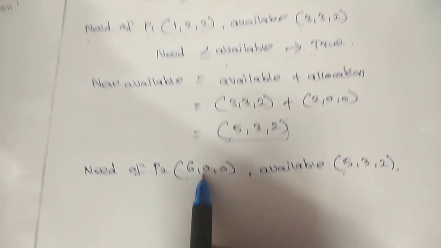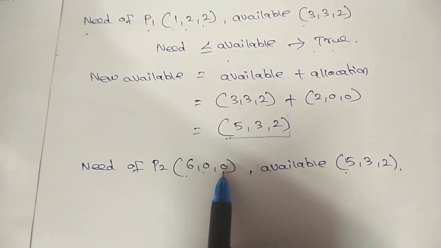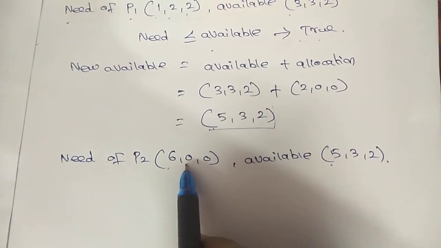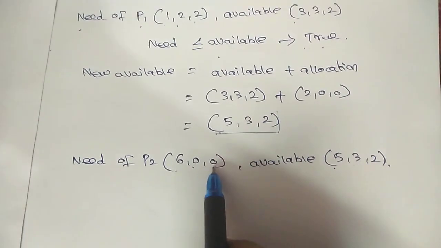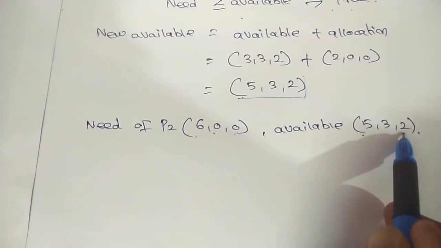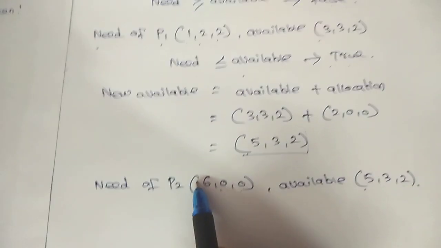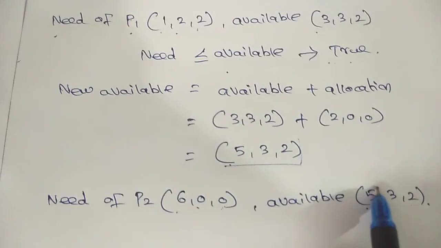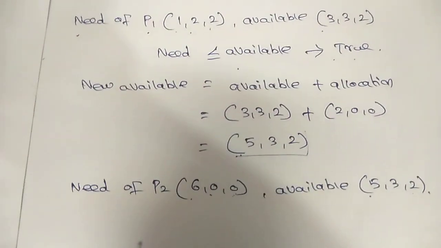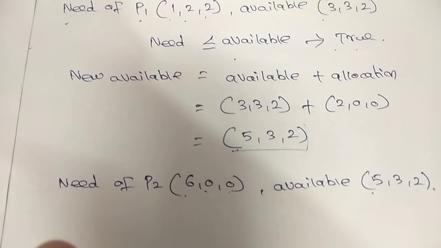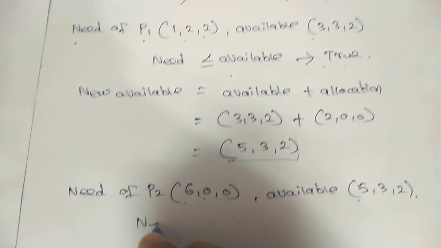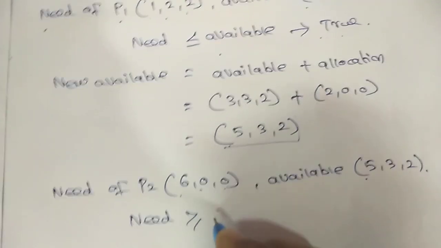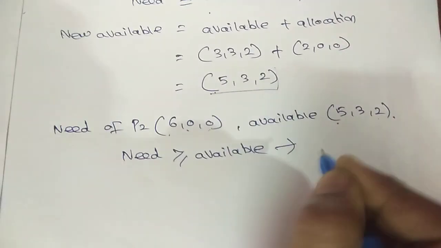The next resource type is 0, compared with 3, it is small. And the next resource type, that is C, 0, is compared with 2, it is small. Even if only one resource type is greater, we are going to make the algorithm false. So need is greater than available, tends to be false.